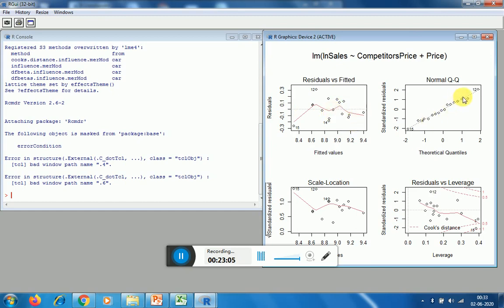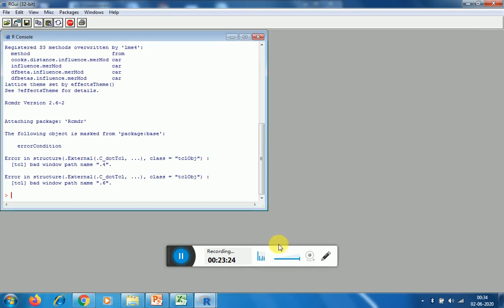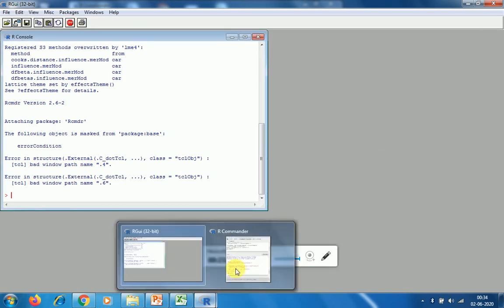In the normal QQ plot, all the points are expected to be near this diagonal dotted line. As we can see, all the points are almost closer to this line, so we can say that residuals are normally distributed. So this is one more diagnostic test that you can perform.